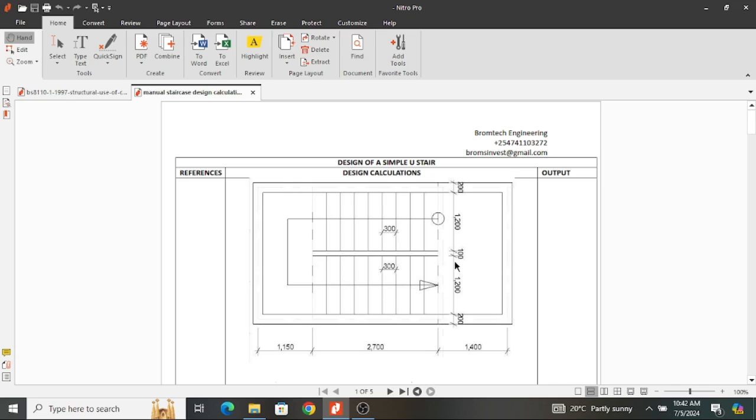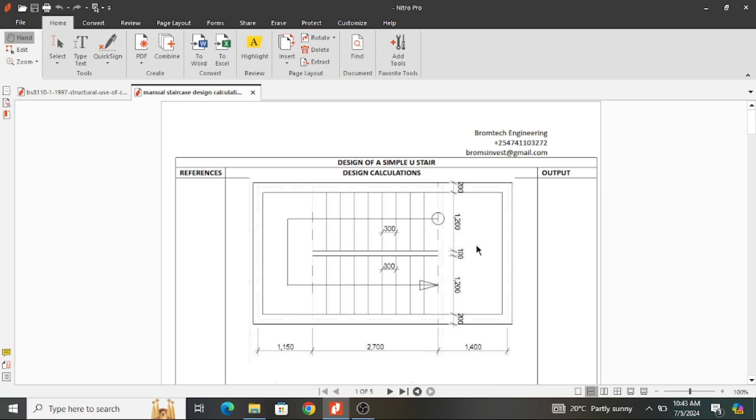Then once you reach here, you get to the second landing, and the level of the second landing is normally the level of the floor where you're headed, be it a first floor or the floor above, or a mezzanine floor, or whichever place you're headed. The second landing is normally at the same level, so that once you have arrived at the landing, you can now proceed to access whichever utility you are looking for at that elevation.